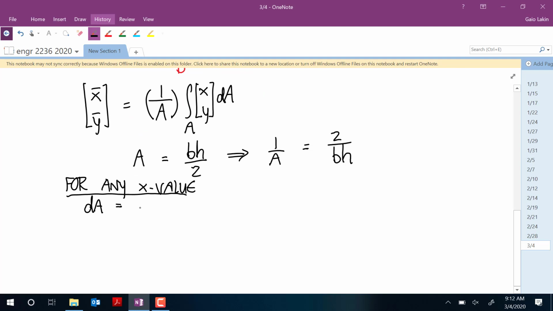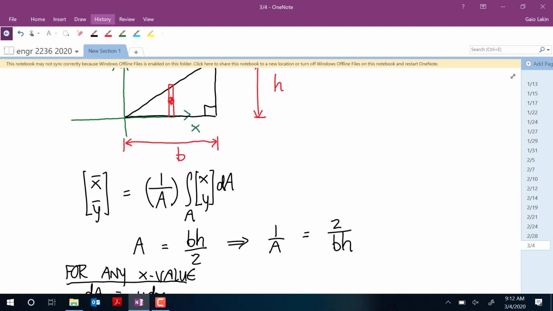So that's going to be y times dx. Okay, are you with me on that? We need to do this for every one of these strips. They all have different x values. But for any given x value, it's going to be the associated y, the height of this, times the thickness. That's just the area of a rectangle. Okay.